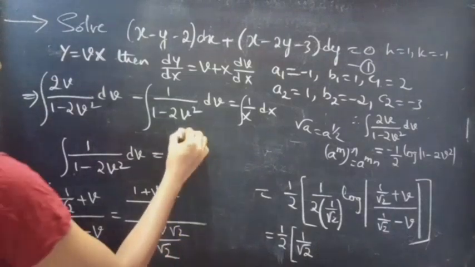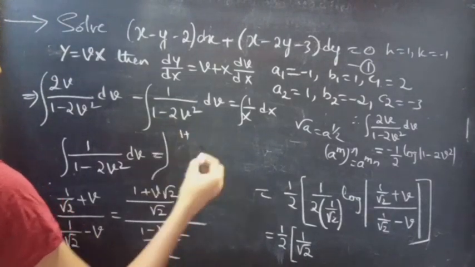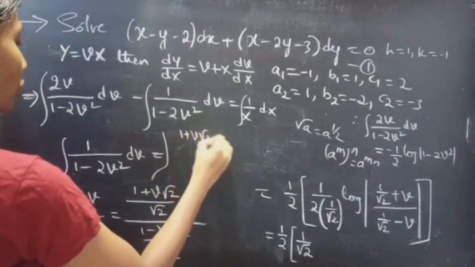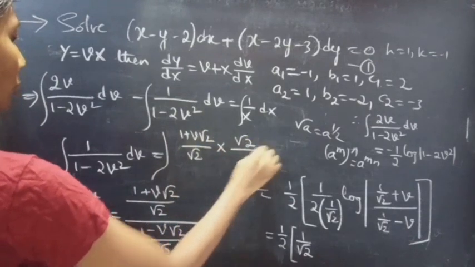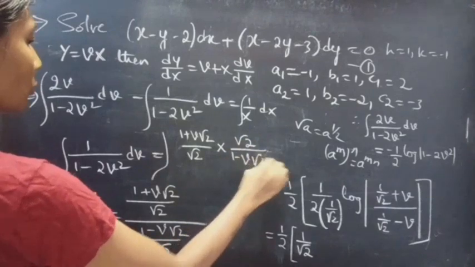So you can write this as 1 plus v into square root of 2 by root 2 into root 2 by 1 minus v root 2.